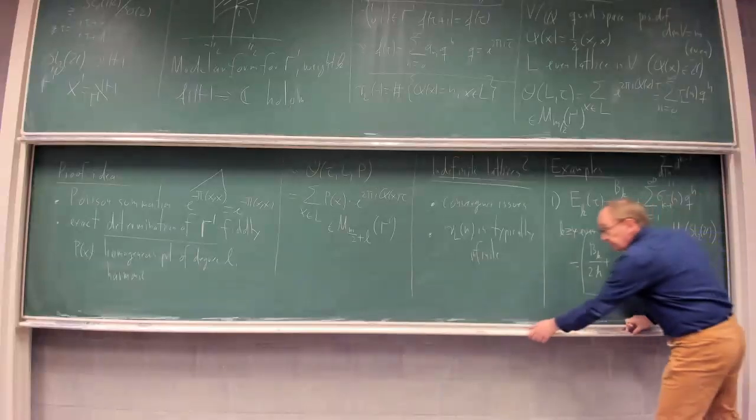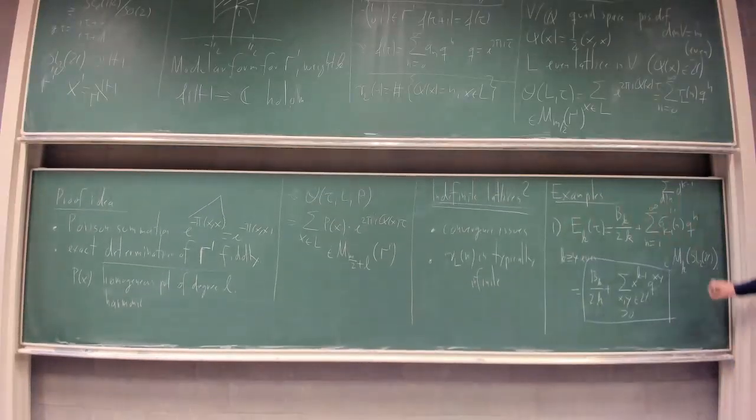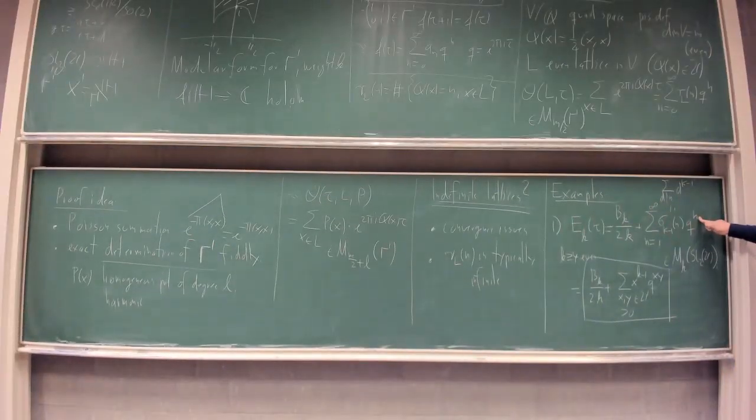So why is this the case? You write n as x times y, or d times d prime, as the divisors. Then d sits inside, gets the power k minus 1. So if you just stare at this, it's the same thing. Right. This is an indefinite theta series.